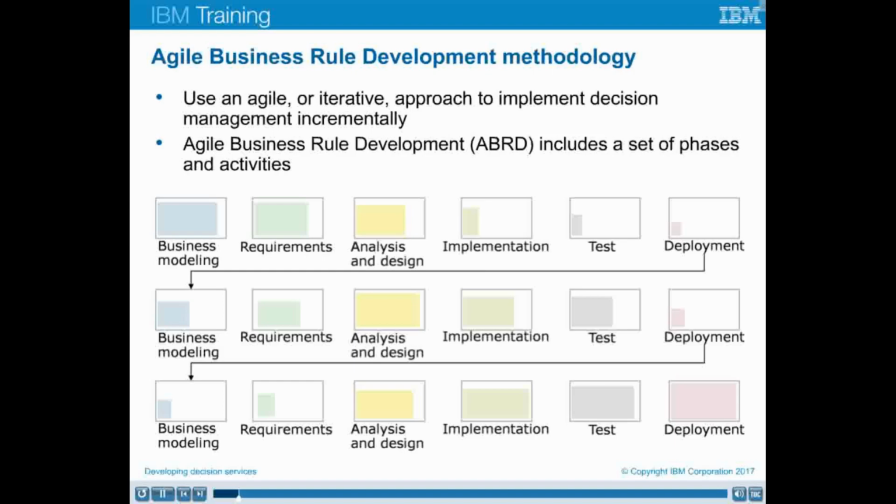Initial activities concentrate on business modeling, requirements gathering, analysis, and design. Early results from these activities can be implemented and tested to ensure that requirements were captured correctly. As the project evolves and requirements stabilize, more effort is then spent on implementation, testing, and deployment activities.